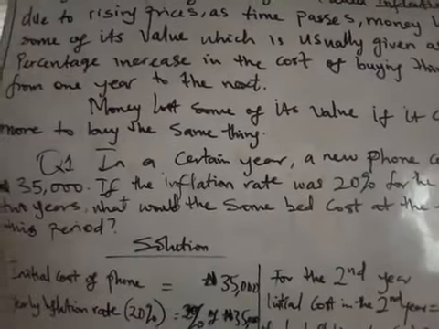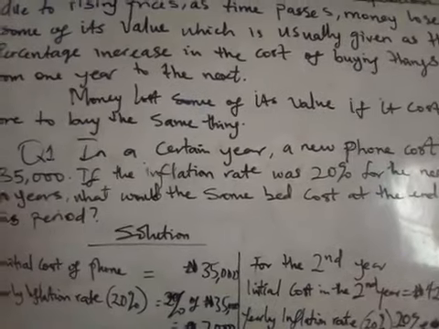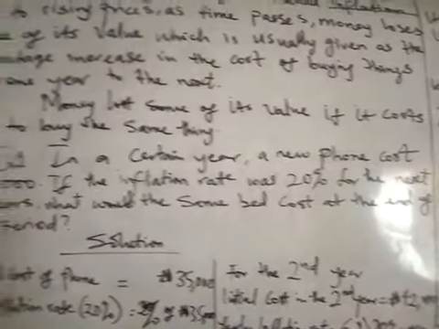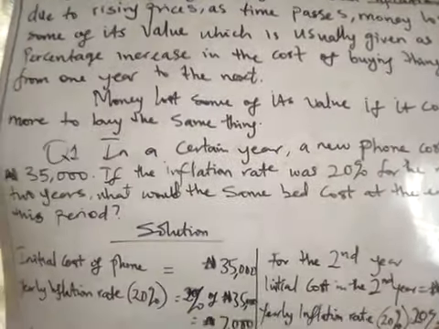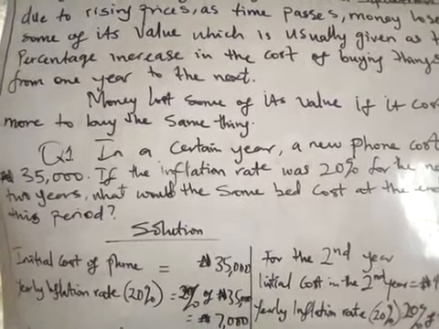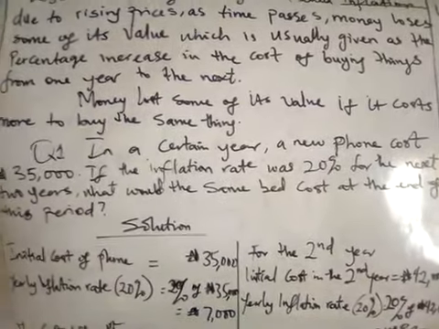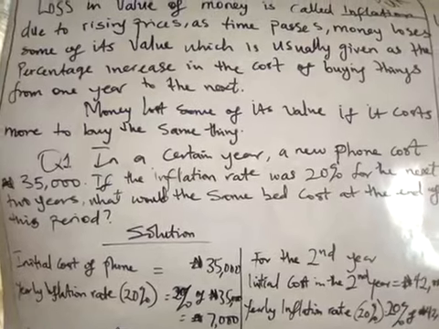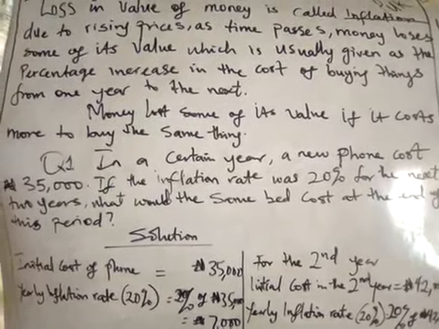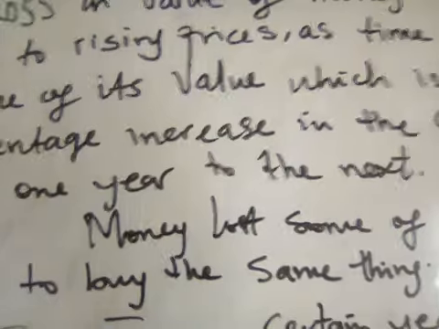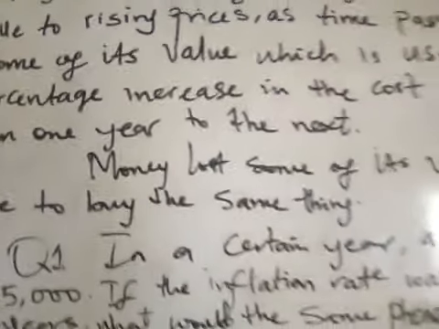So let's go by this question 1. In a certain year, a new phone costs 35,000 naira. If the inflation rate was 20% for the next 2 years, what would the same phone cost?